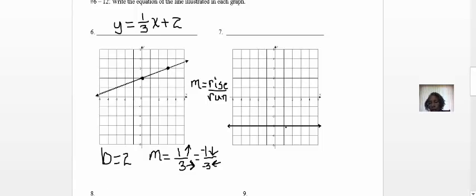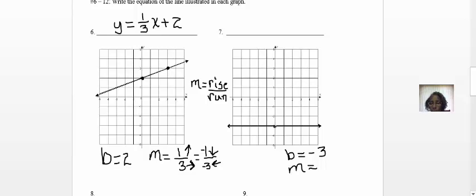Here I have a horizontal line. And notice that I have no rise on this line. My y-intercept is -3. And my slope, which is rise over run, my slope has no rise.